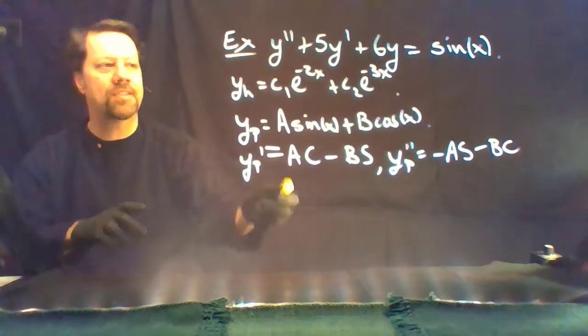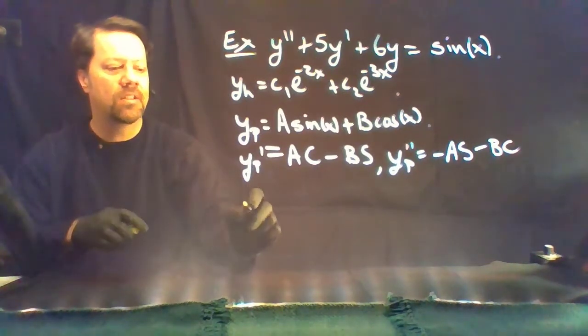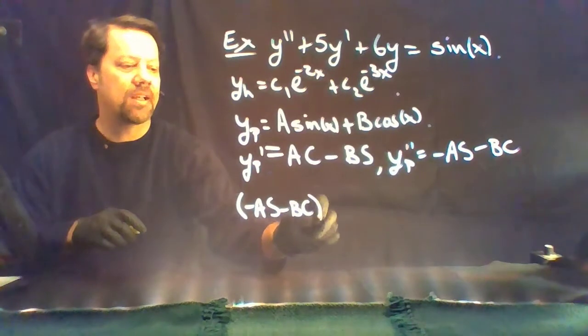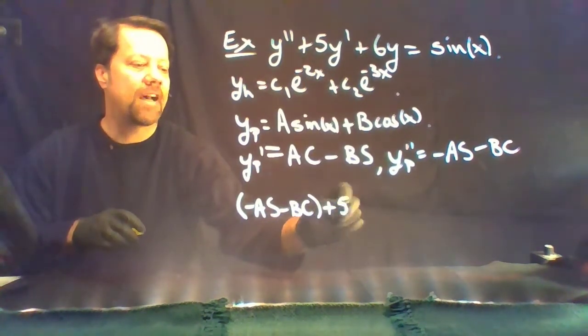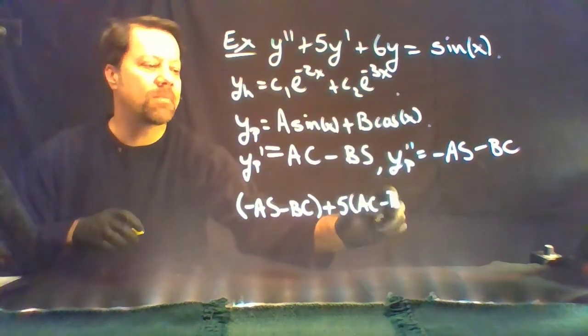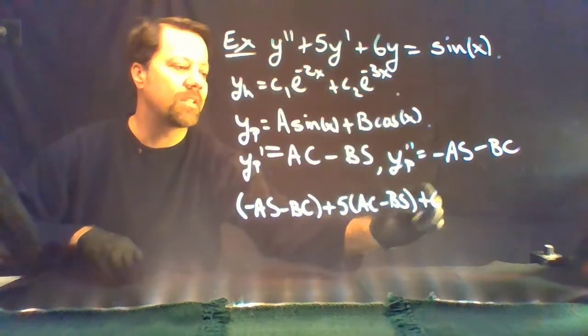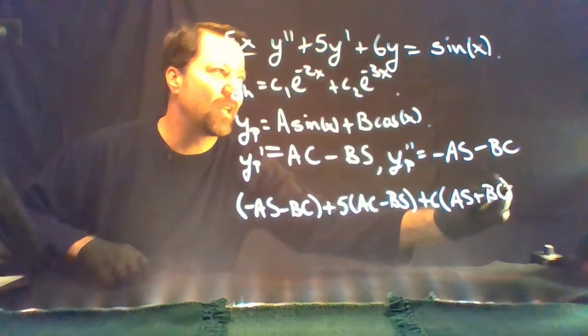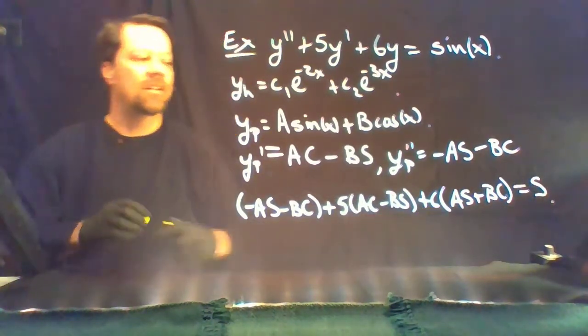Plugging all of this into the differential equation, we get minus a sine minus b cosine plus 5 times a cosine minus b sine plus 6 times a sine plus b cosine equals sine.